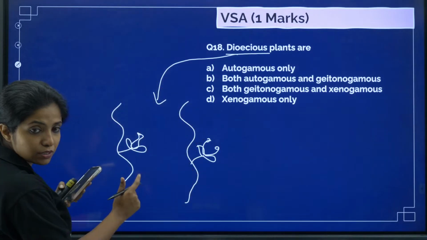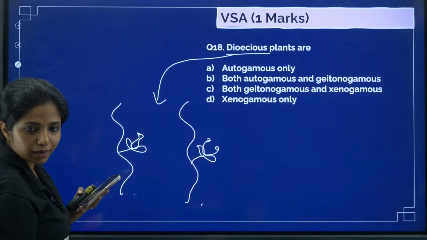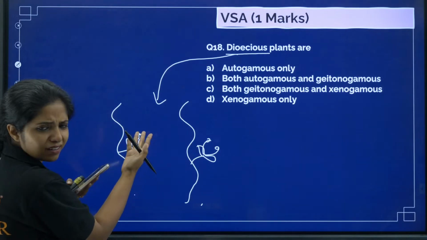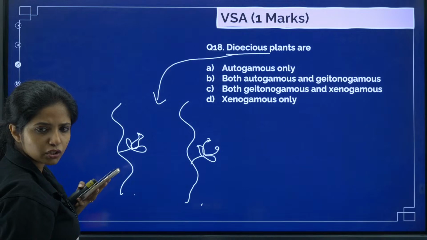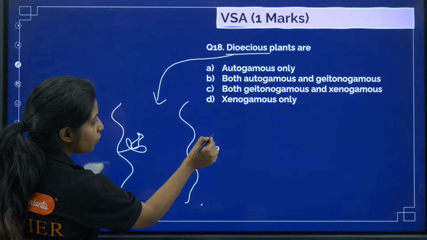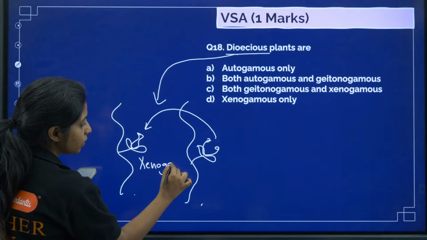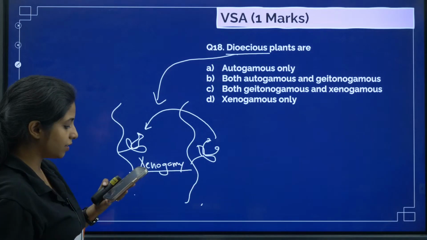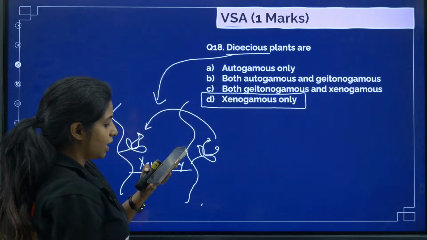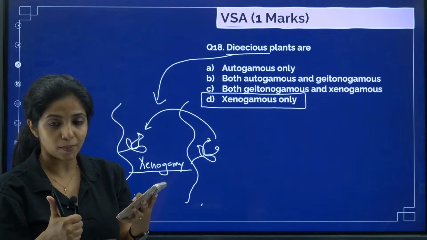So this is unisexual, that means there is only one sex. Over here also there is only one sex. This is male and this is female. Now what can you expect? Can you expect anything to go from here to here? There is no one to give pollen grain, and there is no carpel over there to receive it as well. So obviously from one plant to another plant it has to go. So it will always be xenogamy that will be happening over here. So the answer will be D.